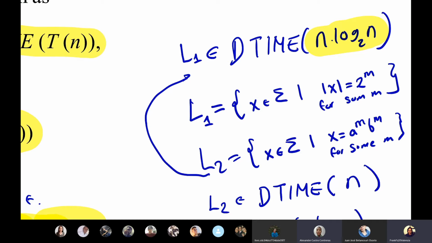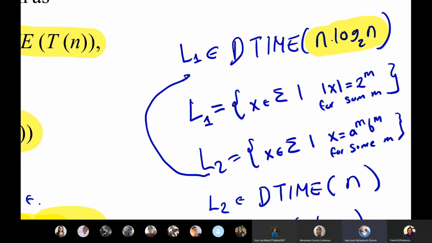It means that given a string, you should decide if the string belongs or not to this set. So for example, that means that I give you 0, 1, 1, and the machine can decide that this is not in this language in n log n for n equals 3.